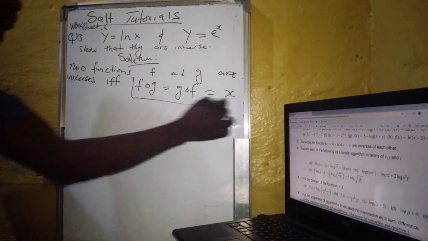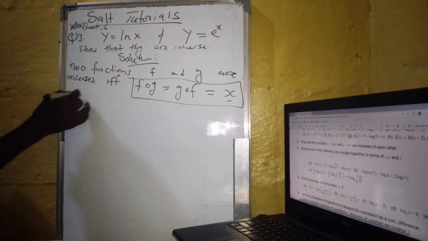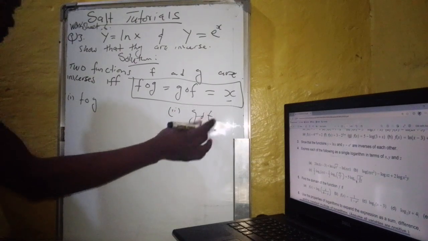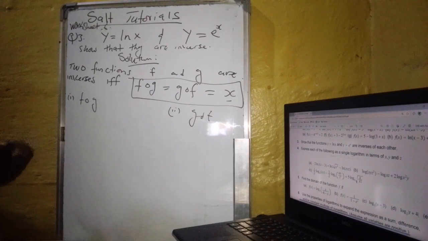So if this rule is obeyed, meaning the two composite functions f of g and g of f give you the same expression, which is equal to x, then you can conclude that the two functions are inverses of each other. We'll show the first part, f of g, and then the second part, g of f.